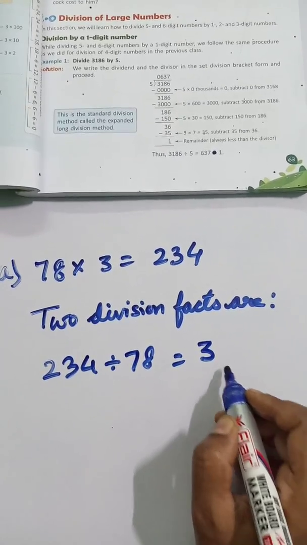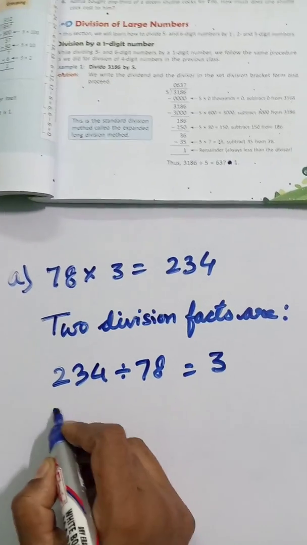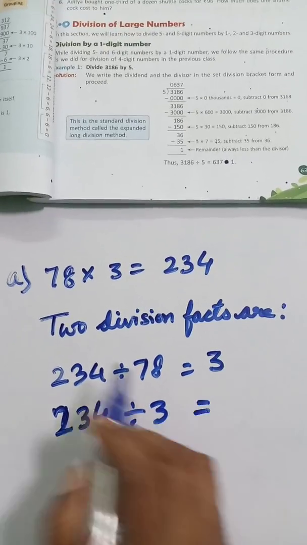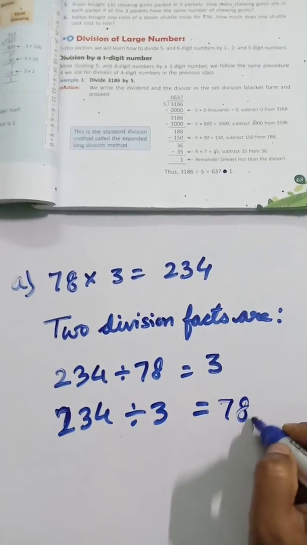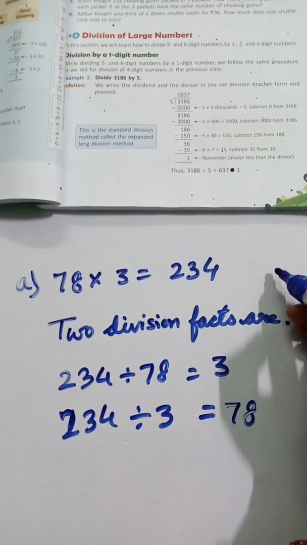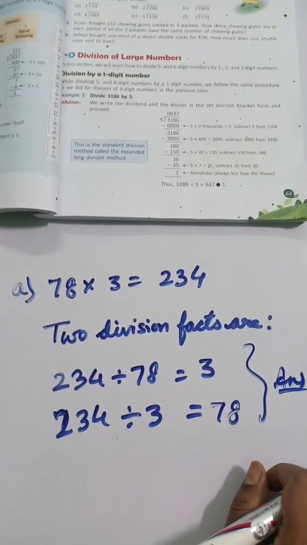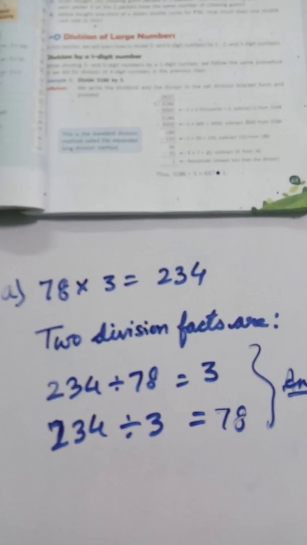This is your first division fact. Now second, you will divide 234 by this 3 and now you will get 78 as a quotient. So children, these are 2 division facts for this multiplication fact. Okay, so these are your answers. In this way you will do B and C also.